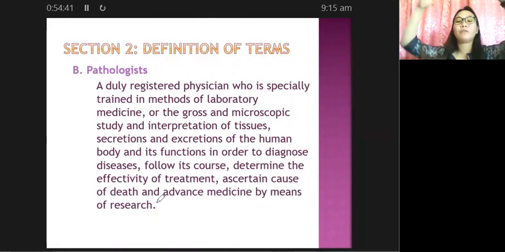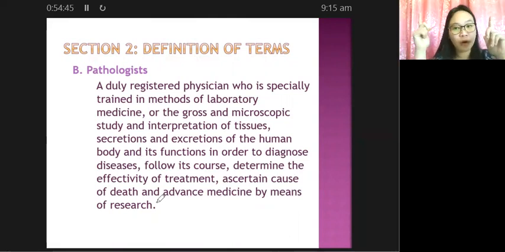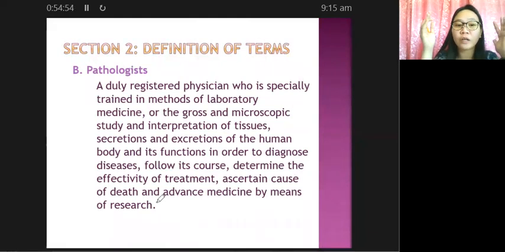So that means a pathologist, number one, of course, has to be a physician or a doctor. In addition to being a physician or a doctor, this physician or doctor has to undergo training. Okay? Not all doctors are pathologists because being a pathologist requires additional training, as required by the law.